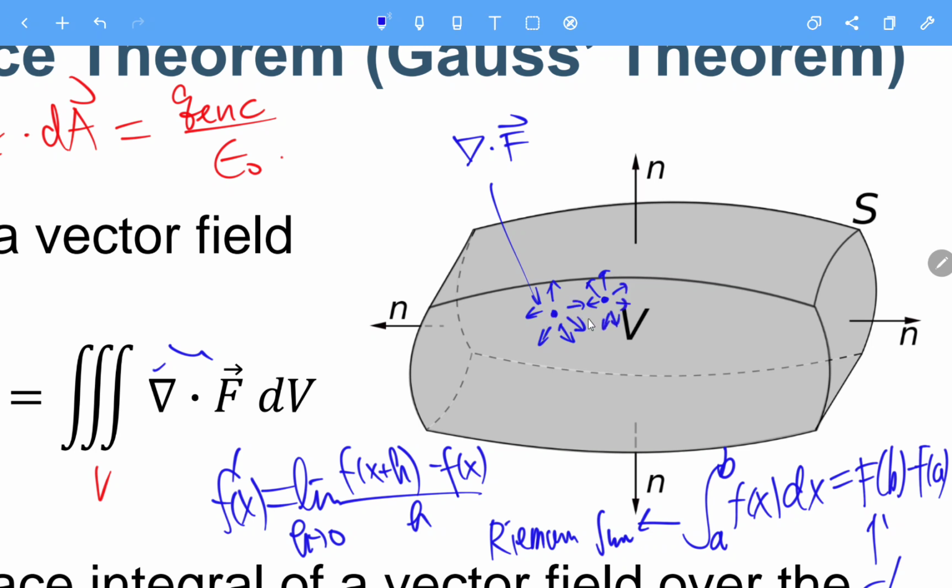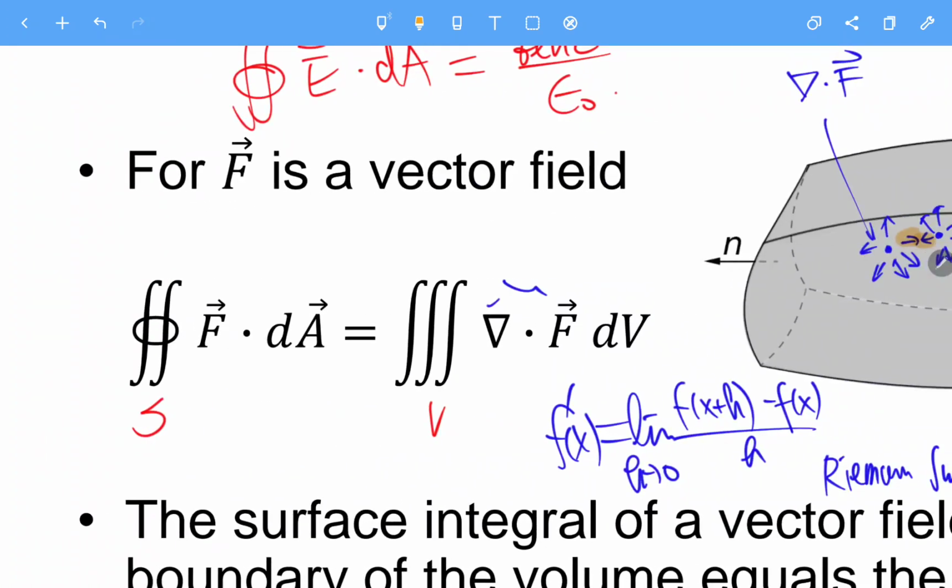But for adjacent points, you can see this one and this one point to opposite sides, and they will cancel each other. So it feels like all the contributions inside the volume will cancel each other, and the only things that remain will be on the surface.